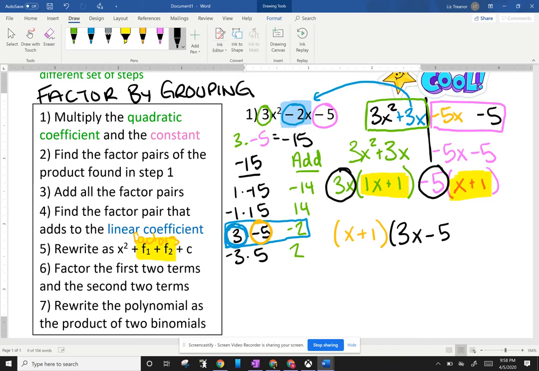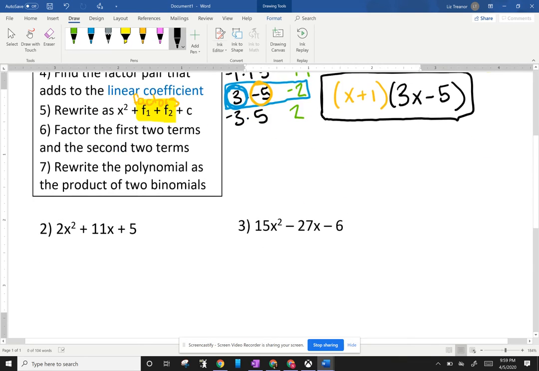So 3x minus 5. And that is essentially what step 7 was asking us. It was asking us to rewrite the polynomial as the product of two binomials. Here are two binomials, and we are multiplying them. Okay? So that is how you factor a trinomial by grouping when a is greater than 1. Let's see a few more examples of this.